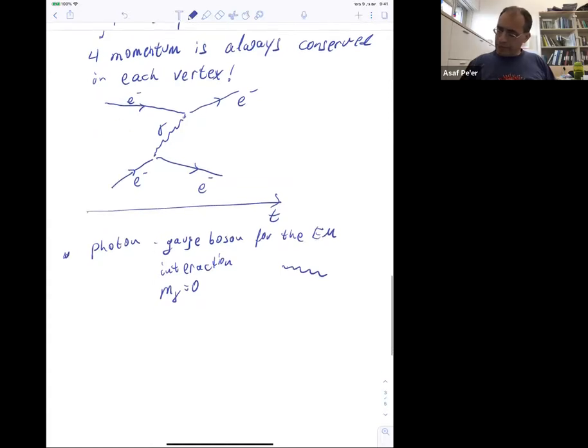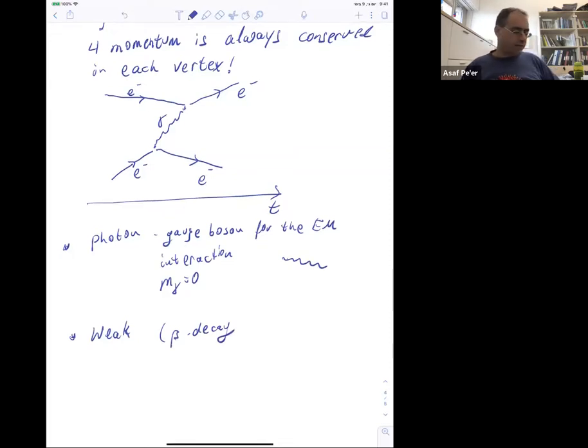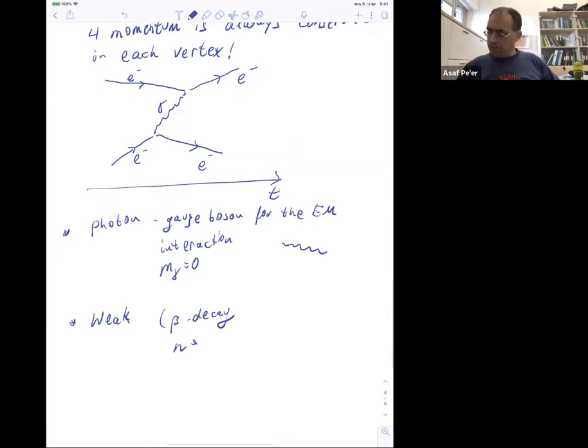For the weak interaction, right? Weak interaction is what's responsible for the beta decay, right? This is the radioactive decay. The neutron goes to proton plus electron, and to conserve electronic number, plus anti-electron-neutrino, right?